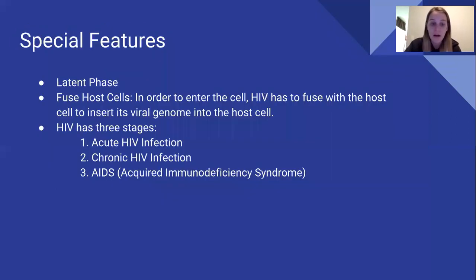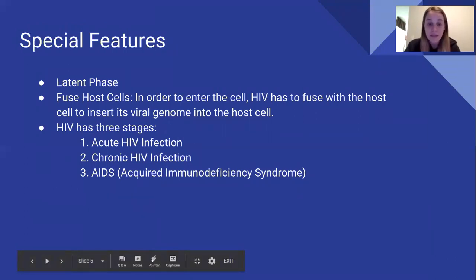There are several special features of HIV. The first is the ability to fuse with host cells, which is what we just briefly went over in the HIV life cycle. In order to enter the cell, HIV has to fuse with the host cell to insert its viral genome into the host cell.